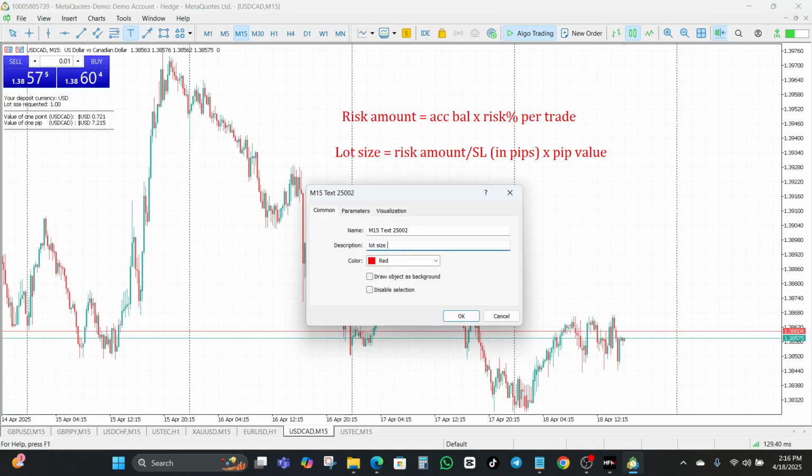So what that means is that your lot size is going to be equal to $20, which is your 2%. Remember that 2% is your $20. $20 divided by 20, which is your pips, times $1.